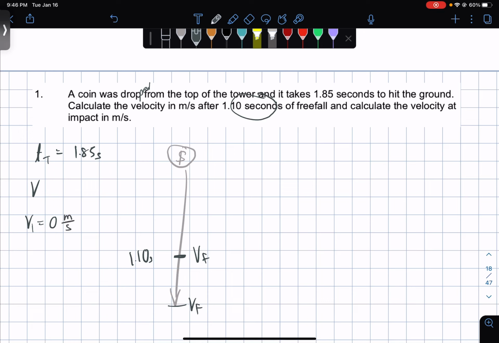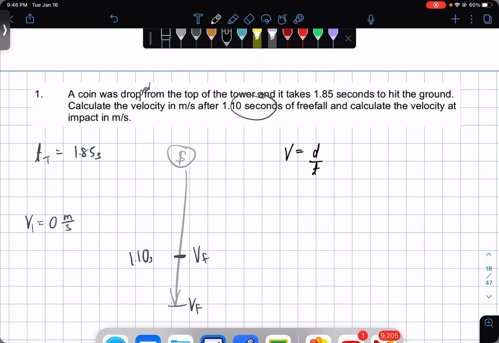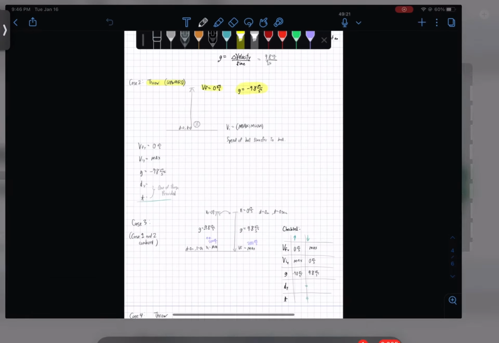There was no mention of any force forcing the coin to fall. We don't have the distance. Let's see my notes.